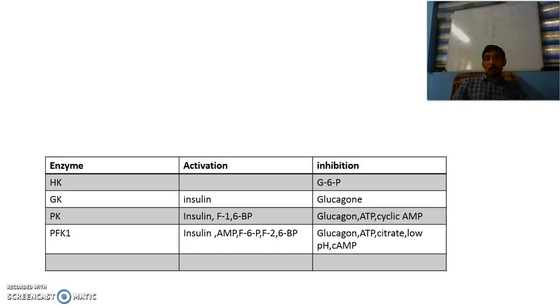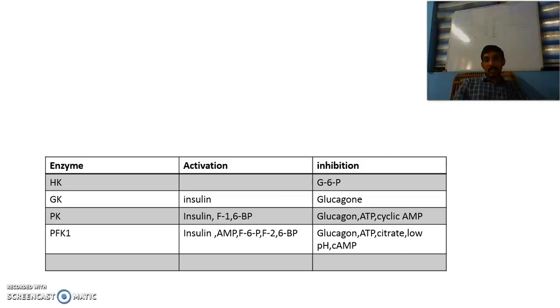Like that, pyruvate kinase, the 10th step of glycolysis, is activated by insulin, and second one fructose 1,6-bisphosphate. Glucagon, ATP and alanine inhibit the pyruvate kinase.